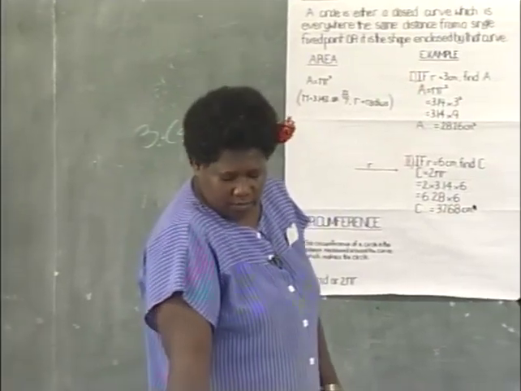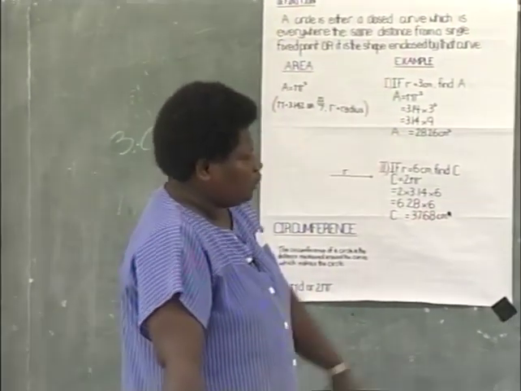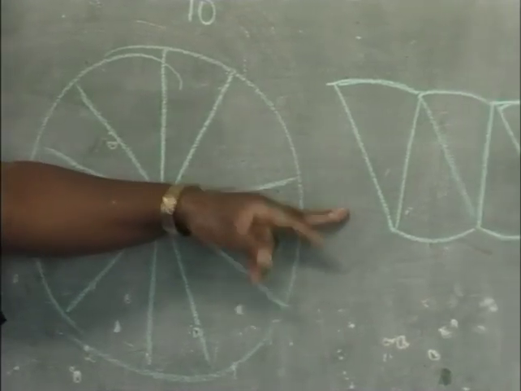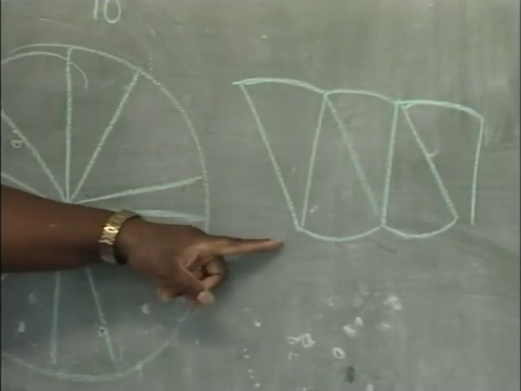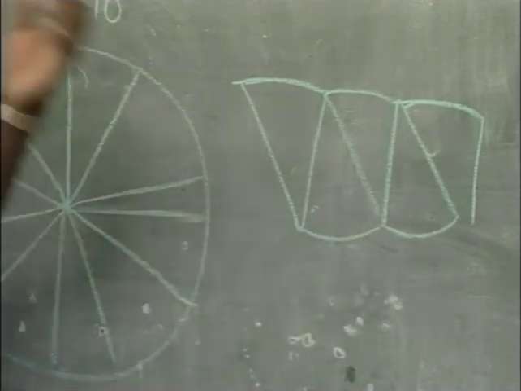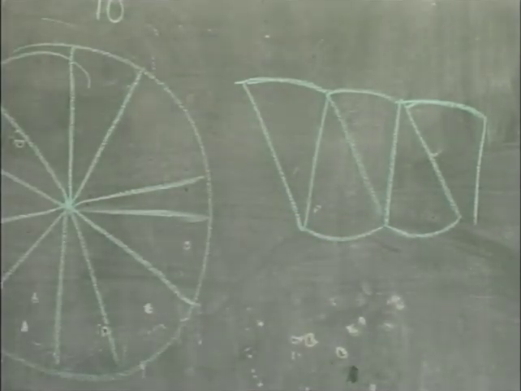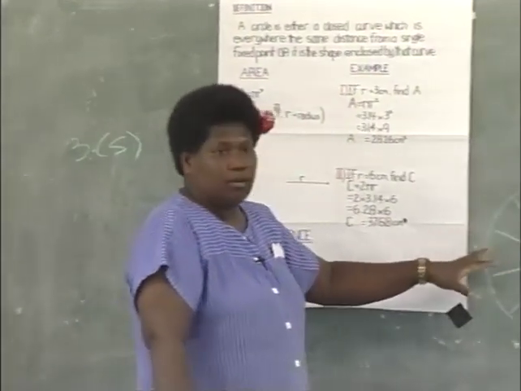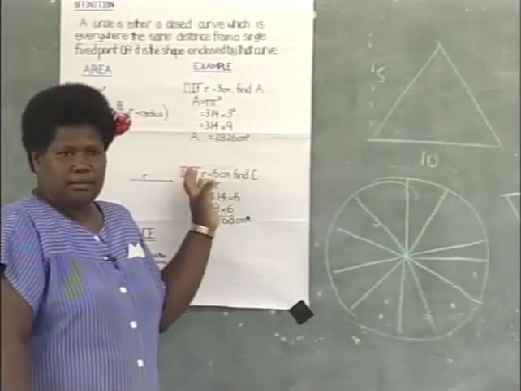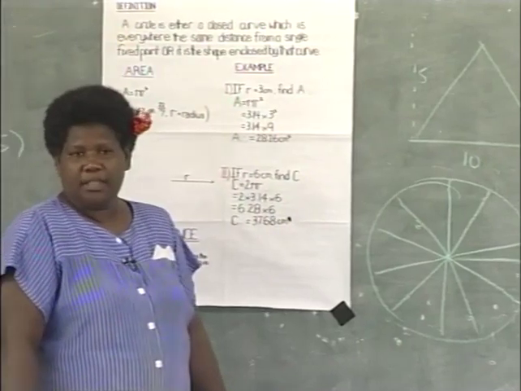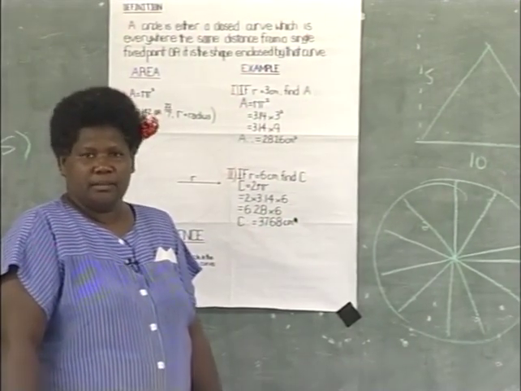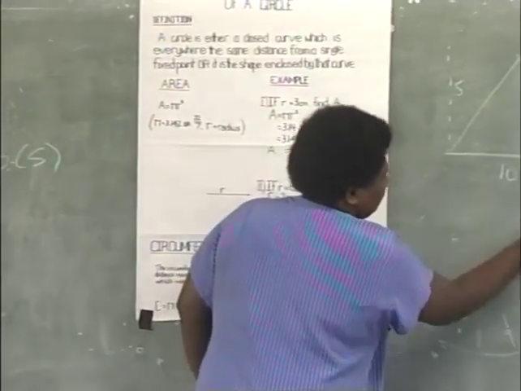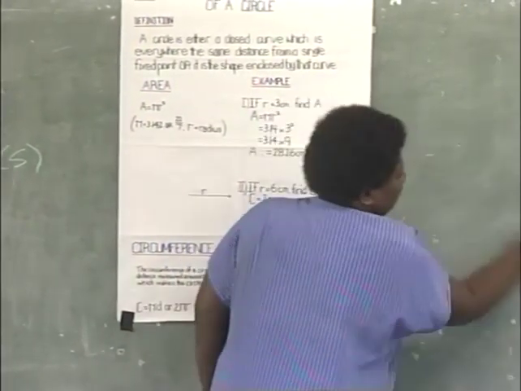But if you found the width and estimated the length of this, you will find that it's almost a rectangle, and the circumference will be almost the same, because pi is an estimate. You can try that if you want.